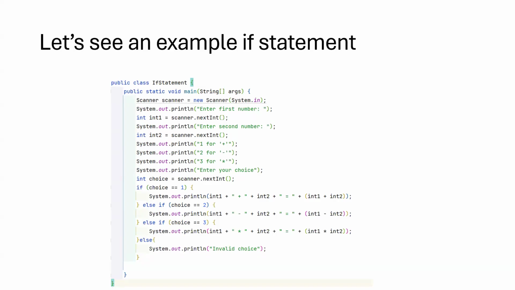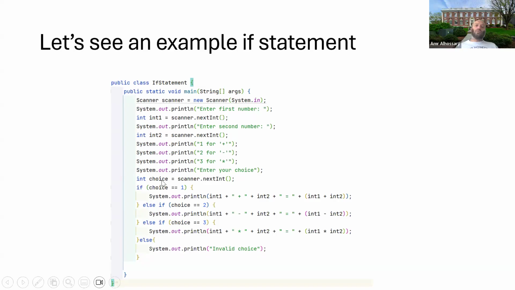You take the choice in a selection variable called choice. So now you have int one, int two, and choice. If choice equals one, you print variable one plus variable two equals the summation result.